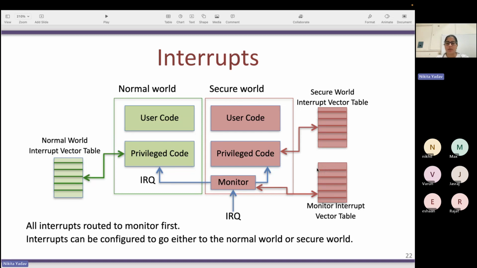It passes the control based on the interrupt type. You will access some interrupt entry in the table, and then the interrupt entry will have, say, the address of the interrupt service routine, and that service routine will be called, it is going to service this interrupt, and then it will return back.